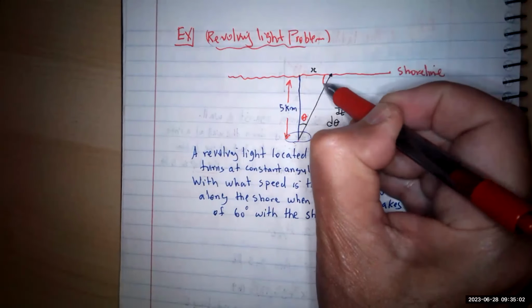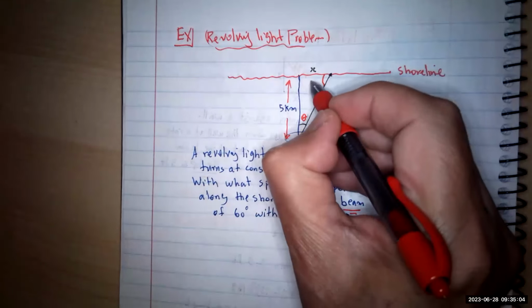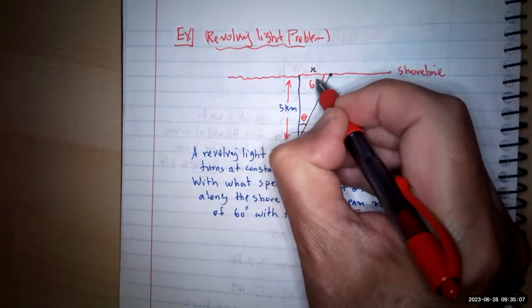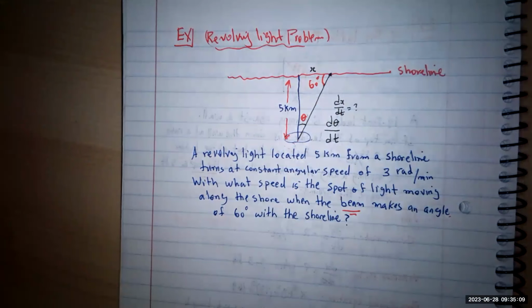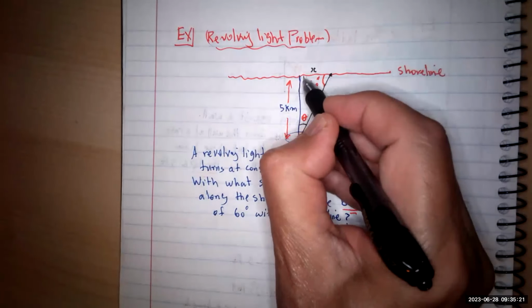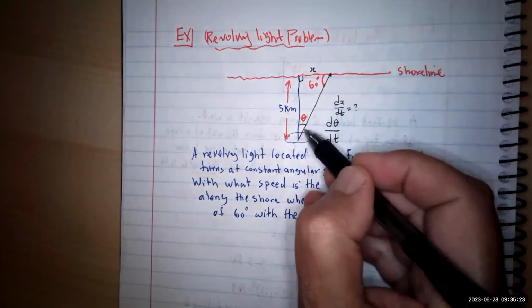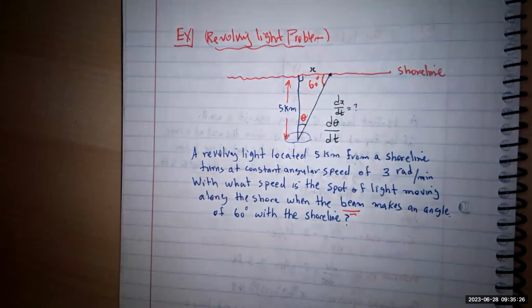Just make sure you don't miss it. It's not θ. That's the angle of the beam. Of course, you need θ to be able to do the job. So you know this is 90 degrees and this is 60 degrees. So what is θ at that time? Any suggestion? 30 degrees. That's it. Make sure you know this is always the case.